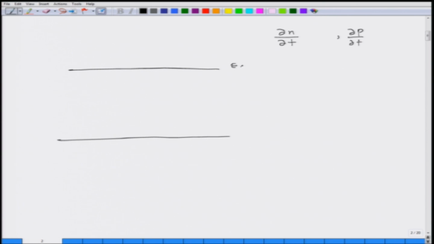If this is the conduction band, this is the valence band, and there is this R-G center here, then one thing it can do is capture an electron. That is one process. The other thing it can do, once it has a captured electron already, is re-emit that electron. That is a second process, the emission of an electron.